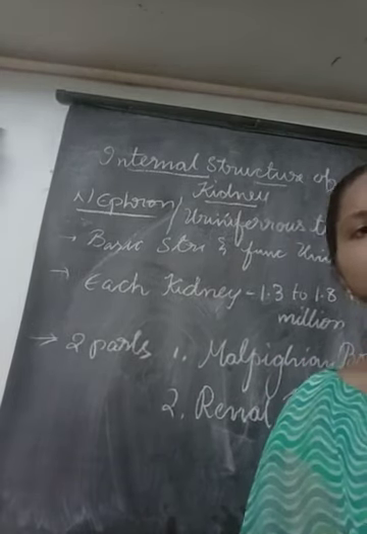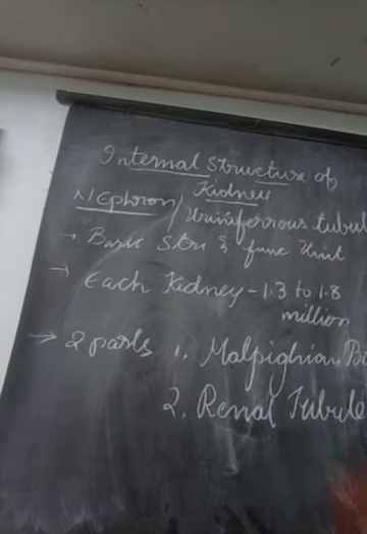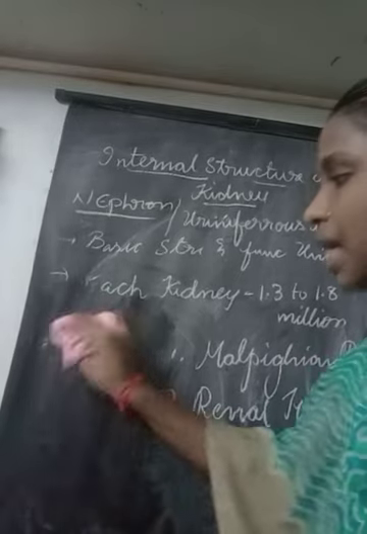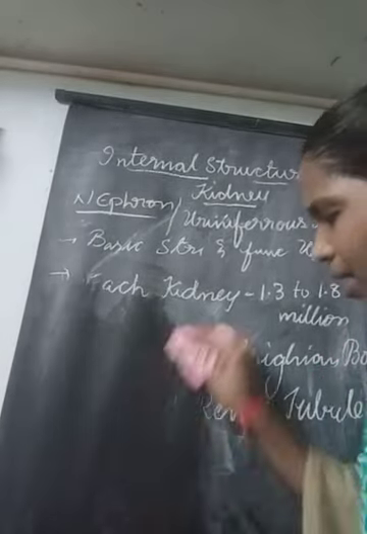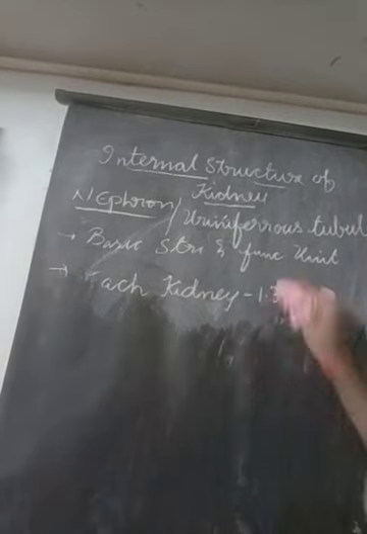Why? Because in the excretion chapter, you will definitely get one diagram. So try to draw the diagram at home and practice. Try to learn it today. Very, very important diagram: structure of the nephron.